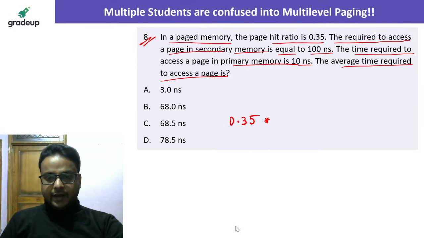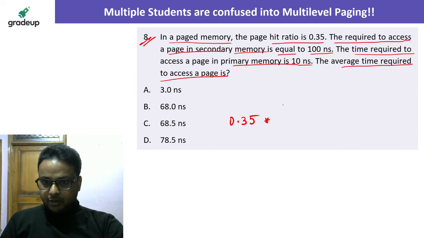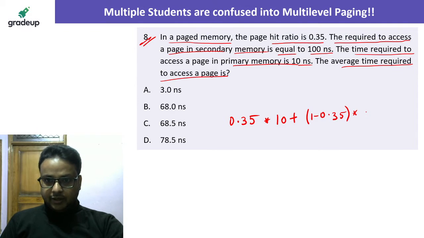So if we get the page, it will be 0.35, and the access time in primary memory is 10 nanoseconds. But if we don't get it, it will be 1 minus 0.35, and we have to check in the secondary memory, which is 100 nanoseconds.